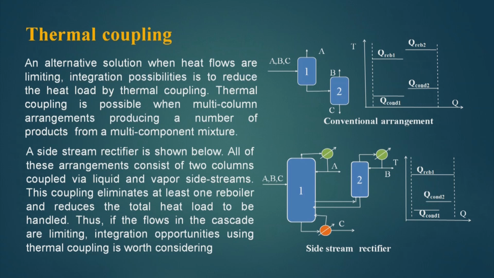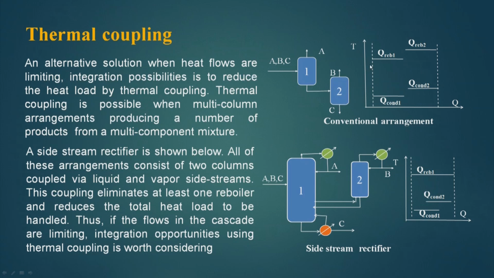Now, this shows a part of it. There are 3 components in the feed: A, B, C. In the first column, I am separating A and BC. So, BC goes out as bottom product and A comes out as top product. Then this BC is separated into B and C in the second column.